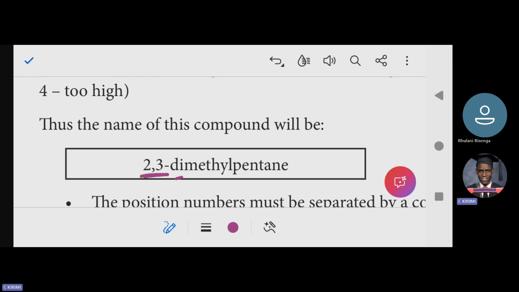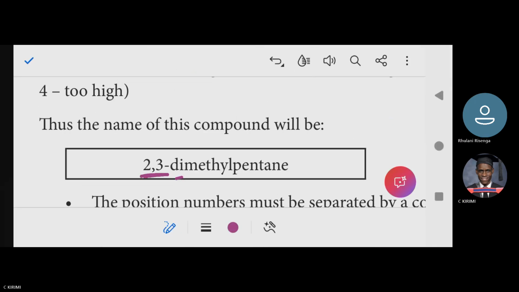If there were 3, how do you replace the di? You replace di with what? With tetra, isn't it? Yes, with tetra, which is correct.